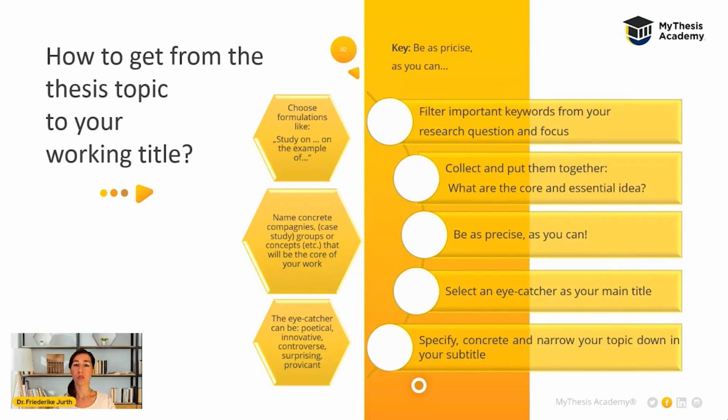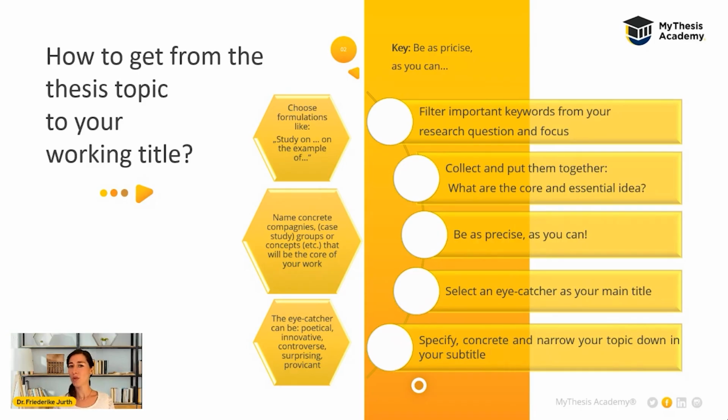Try to collect the most important keywords. Then try to relate them, to put them together and find out what is the core, the essential idea and the message that you want to transmit. Here, be as precise and as specific as you can.